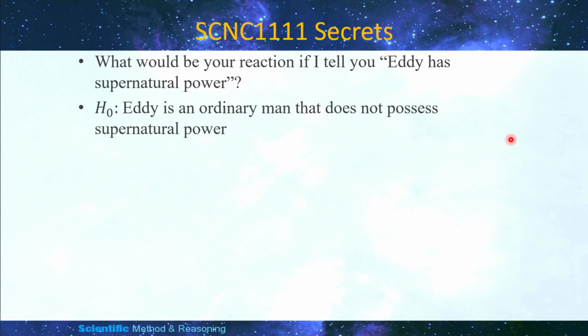So the null hypothesis is simply that Eddie is just an ordinary person who does not possess any supernatural power, while the alternative is the claim by Eddie that he has some supernatural power. So the alternative hypothesis is that the null hypothesis is not true, that Eddie has at least some supernatural power. That is the null and alternative hypothesis.